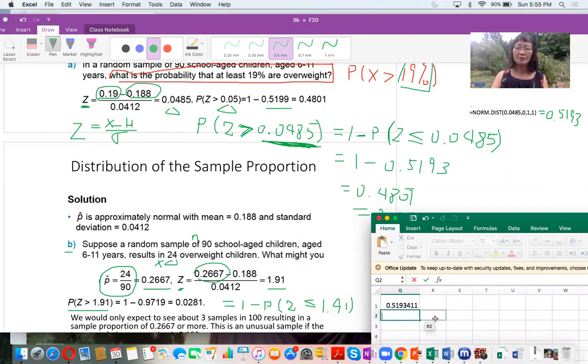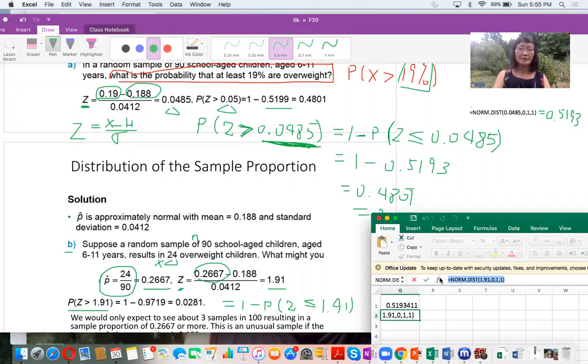So I'm going to increase the font size. Equal norm.dist, x is 1.91, mean 0, standard deviation 1, cumulative yes, and I get 0.9719, the same number as here.